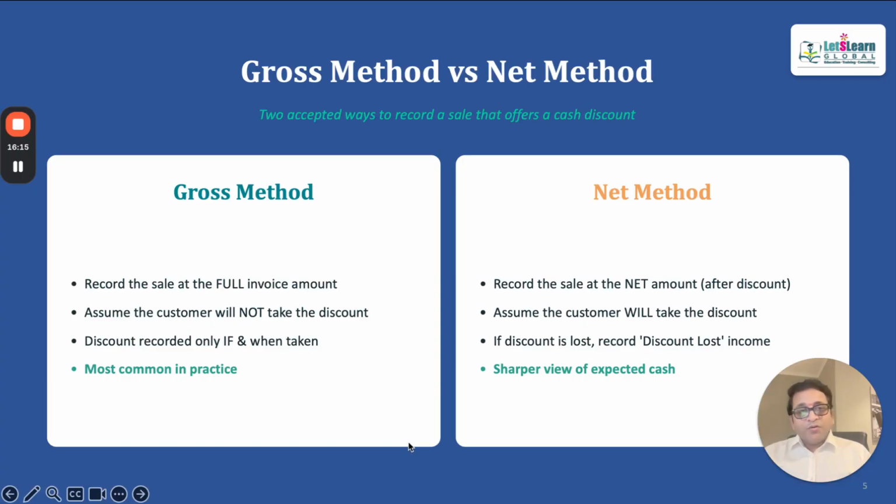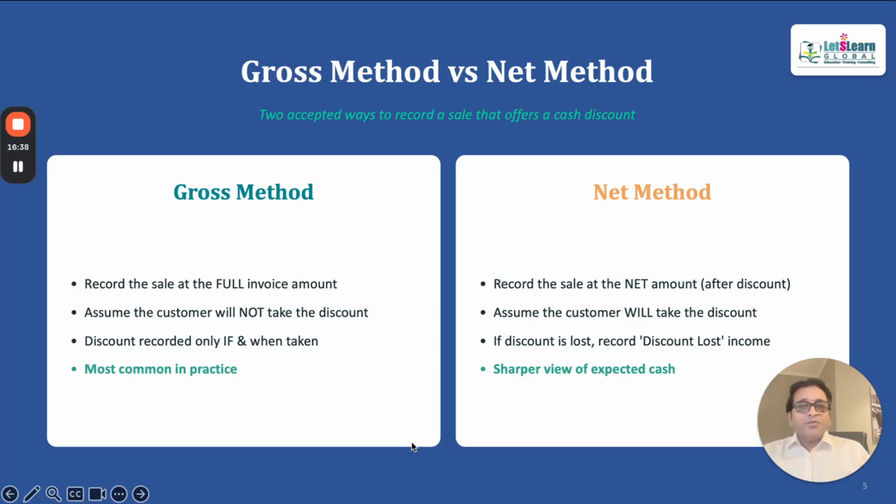Whether we are sure that the customers will definitely come and pay the amount and collect the discount, or we are not sure. We have thousands of customers. Some customers avail the discount, some customers pay after the discount period, so they are ready to lose the discount.